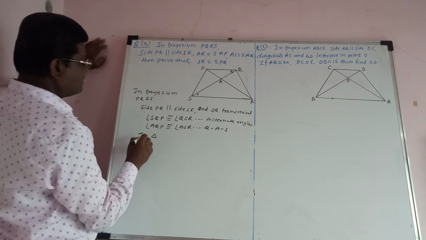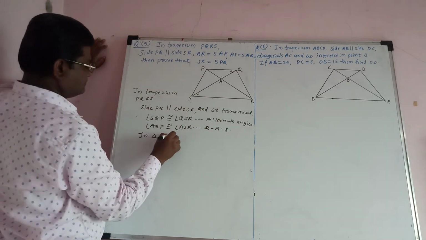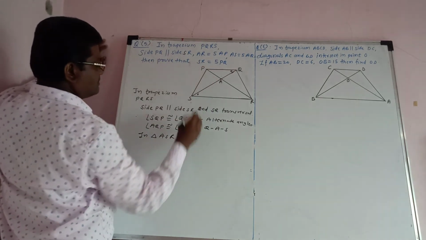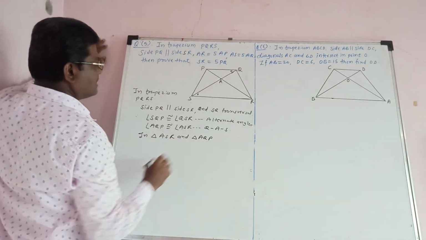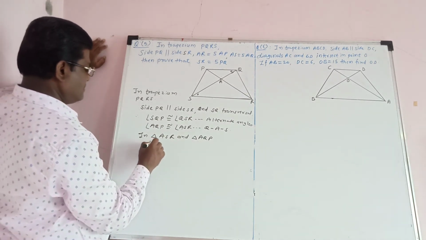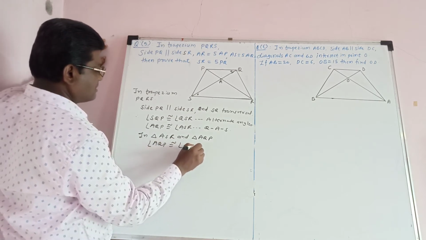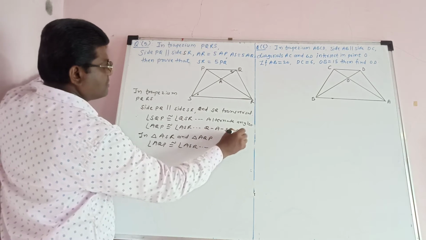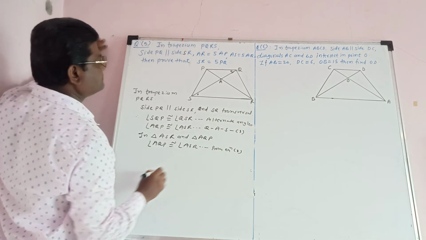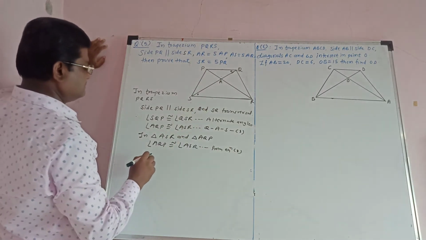Now in triangle ASR and triangle AQP, angle AQP congruent angle ASR. This is equation number 1. And these two angles are vertically opposite angles.